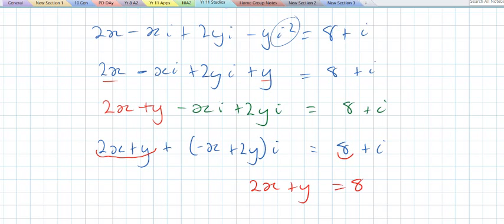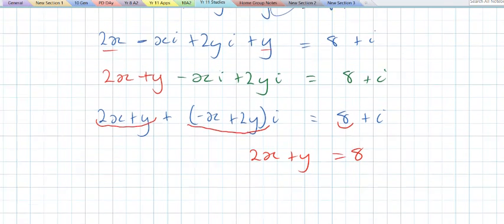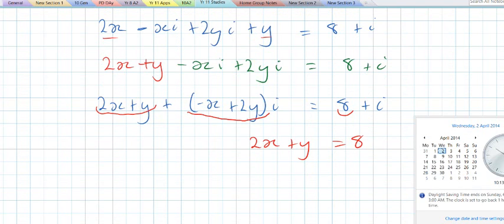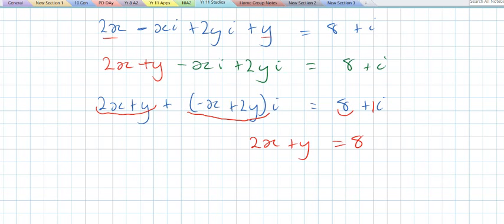Now our imaginary part on the left is the coefficient of i, and the coefficient of i on the left is equal to the coefficient of i on the right. And the coefficient of i on the right is 1. Leaving us with this equation of minus x plus 2y equals 1.